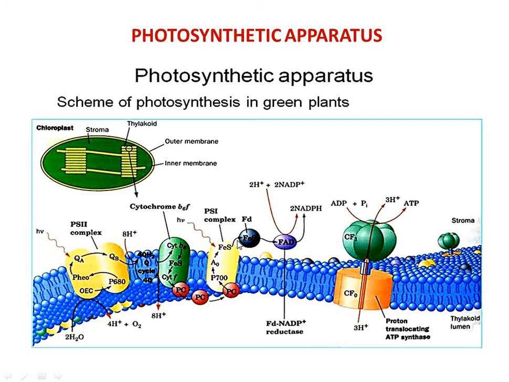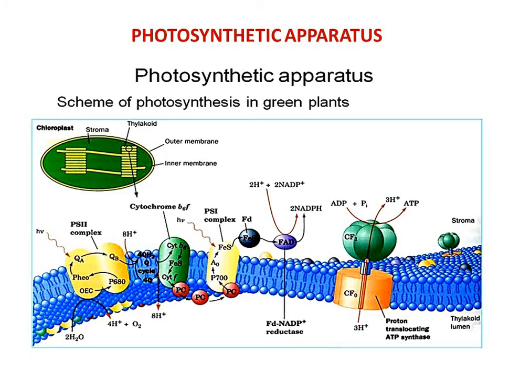In cyclic phosphorylation, which we'll discuss, there are three types of iron sulfur proteins: FESX, FESA and FESB. Ultimately the electrons are accepted by ferredoxin, FD. Then there is FAD, called ferredoxin NADP reductase, the complex.